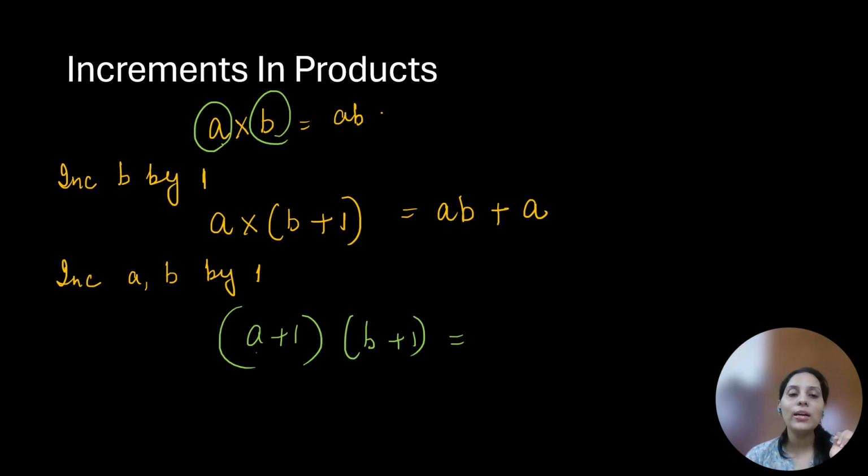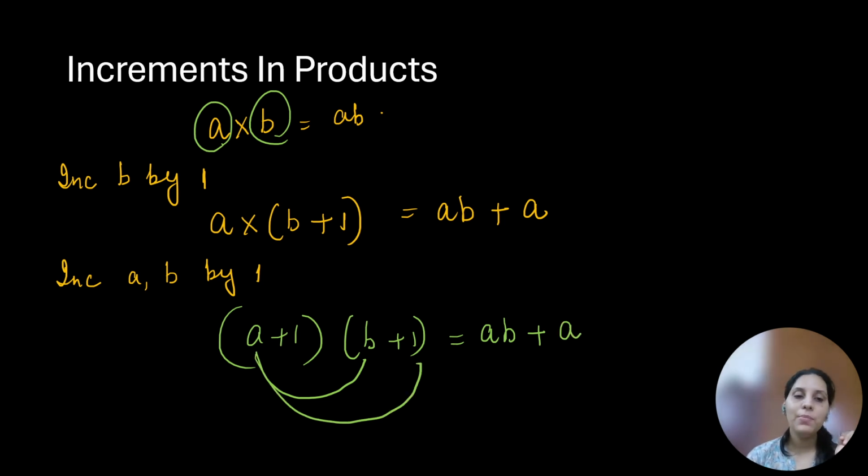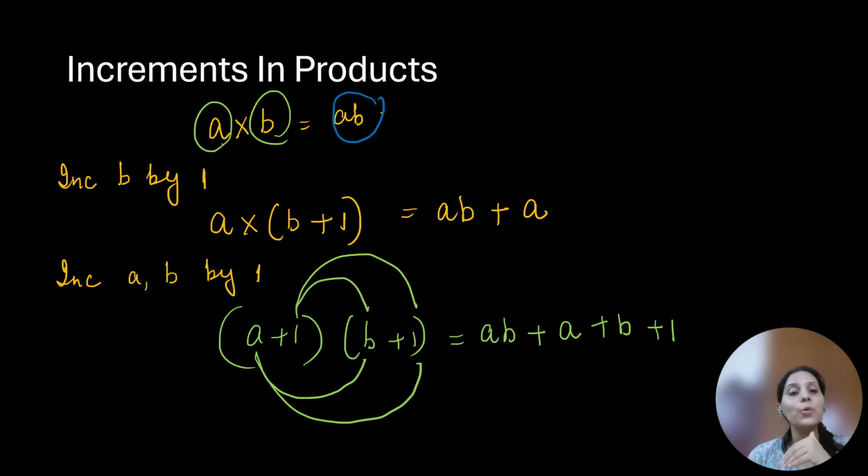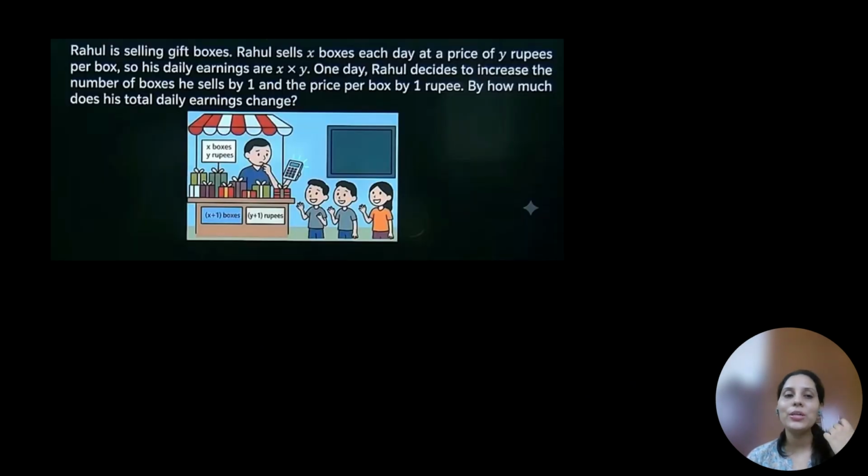How do I do that? a multiplied by b, a multiplied by 1, similarly 1 multiplied by b and 1 multiplied by 1. The original is ab, but when I increase both by 1, this part is the increment. So let us see a similar question on this.